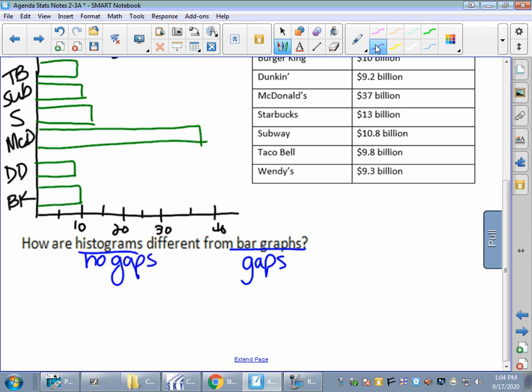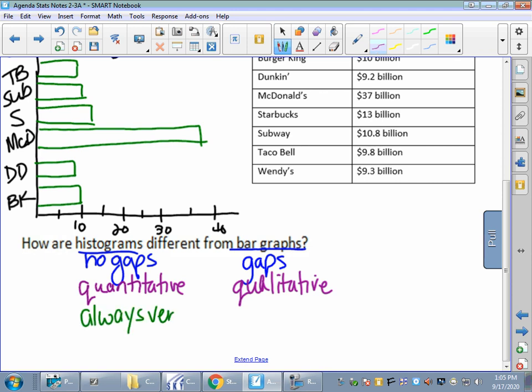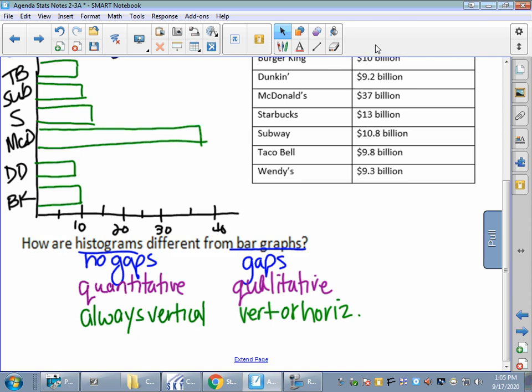This is quantitative data. This is typically qualitative data. This is always vertical. This is vertical or horizontal. Just want to make those distinctions. Otherwise, I feel like probably everybody has a pretty good grasp of bar graphs.